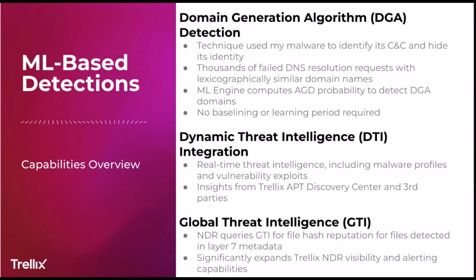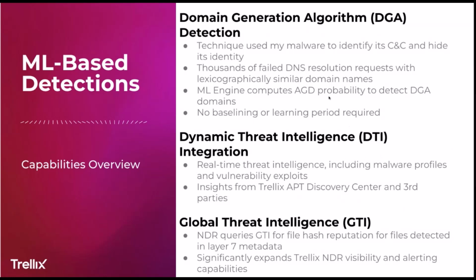So again, no baselining and learning period required. So in the context of maybe a multi-sensor deployment where you might have NX deployed and IPS deployed, as it's sending that layer 7 metadata up to NDR, these are some of the machine learning algorithms that are being deployed.